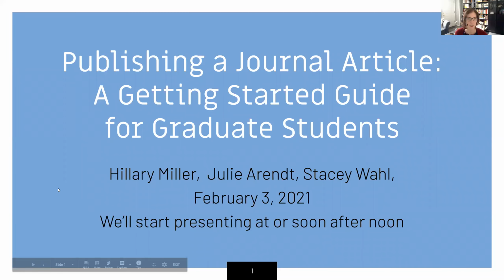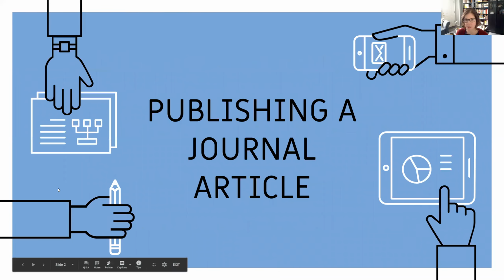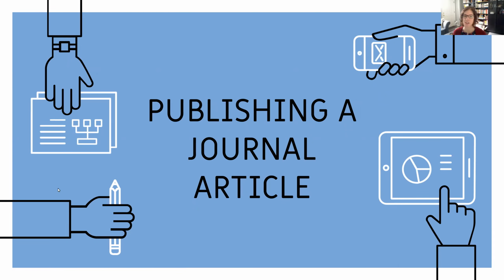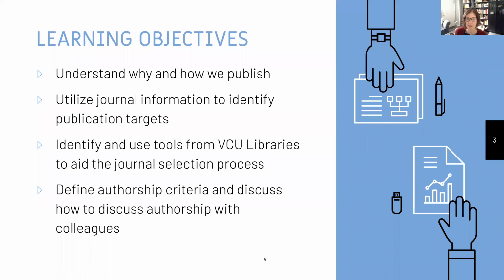So I'd like to just quickly go over the learning objectives that we set for this webinar, which you will have seen probably when you registered. Which is also a good roadmap for the way that we're going to cover the content. So first, we're going to talk a little bit about why and how we publish, and some of the ways that this is changing.